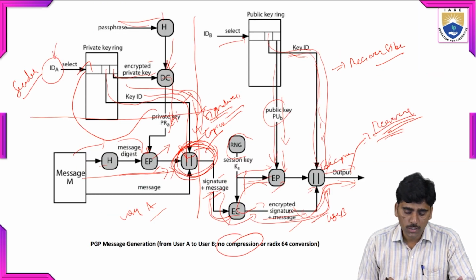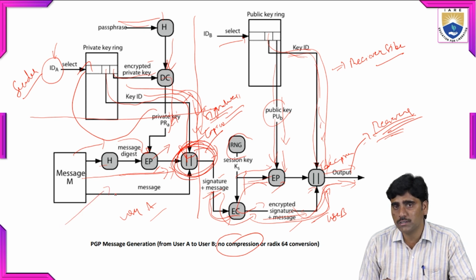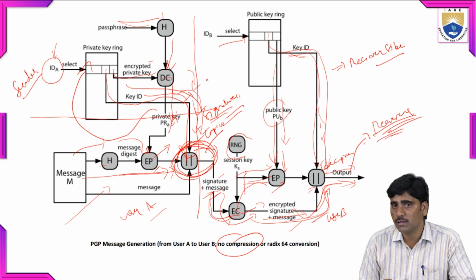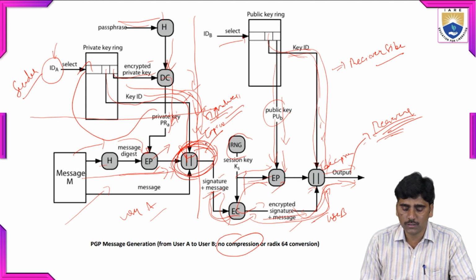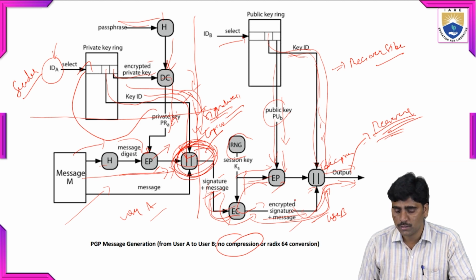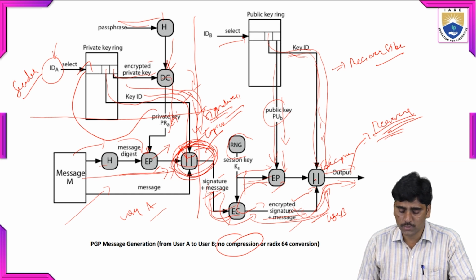To generate the PGP message from user A to user B, there are certain steps involved. One is taking the message and applying the encryption technique, which is message authentication and signature verification. After the signature is applied, the message becomes an encrypted signed message.